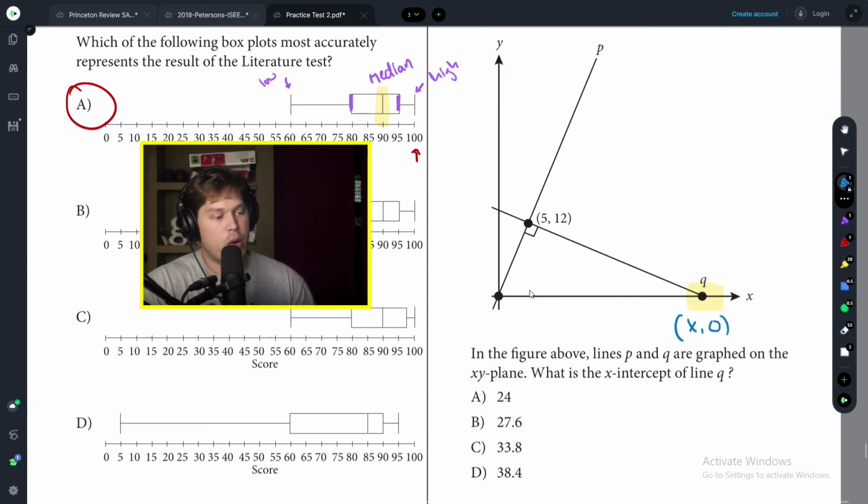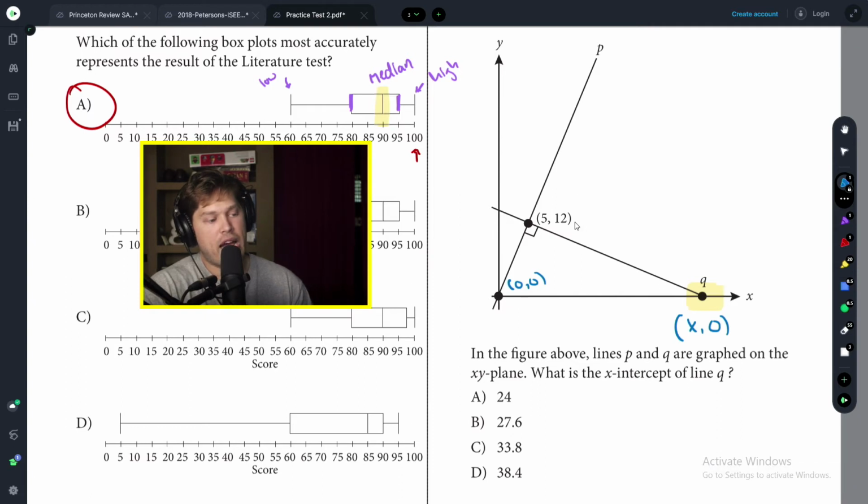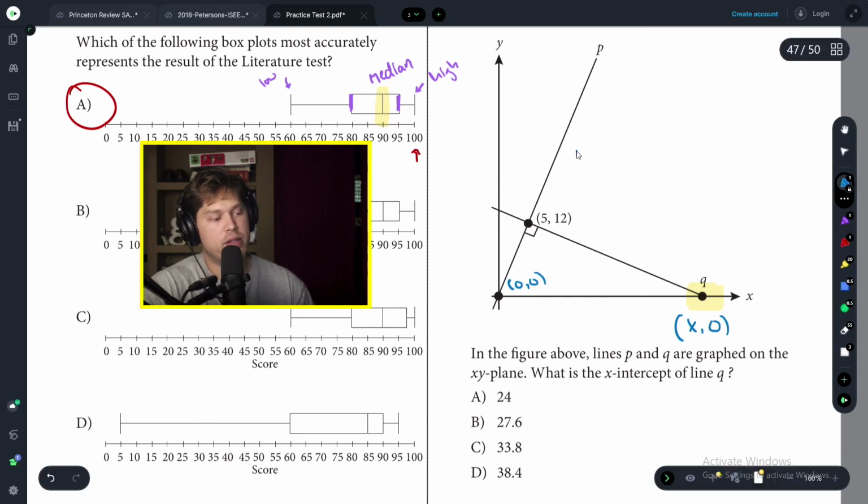Well, we're given 2 points for line P. We can see that it crosses through the origin. Line P has a slope of what? It has a slope of rise 12 over 5. So line P's slope equals 12/5.